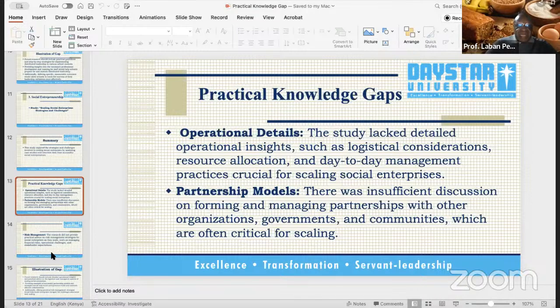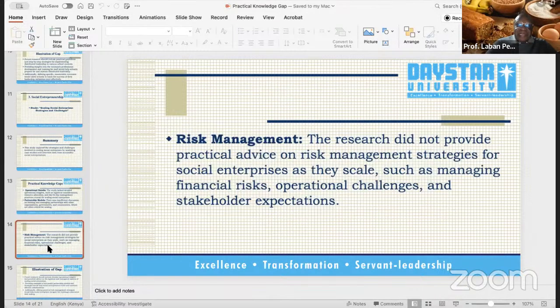So that's now practical knowledge gaps. Risk management: the research did not provide practical advice on risk management strategies for social entrepreneurs as they scale, such as managing financial risks, operational challenges, and stakeholder expectations.